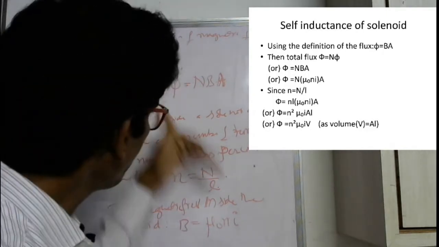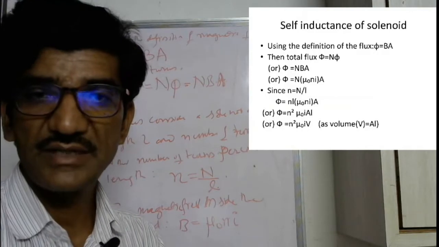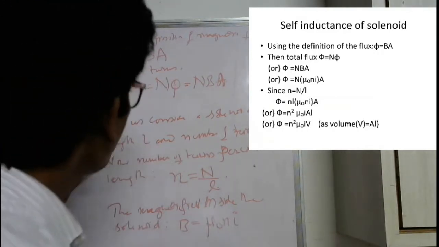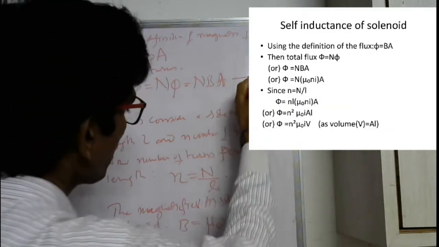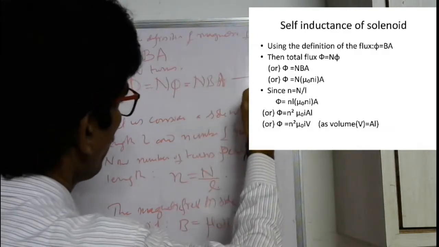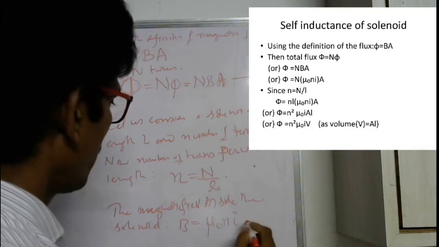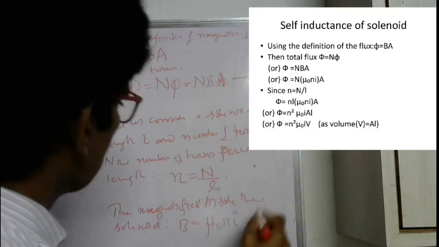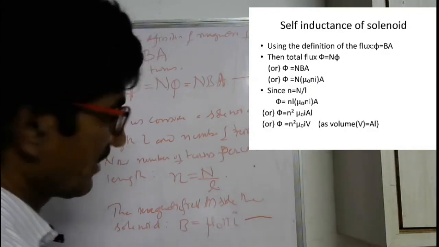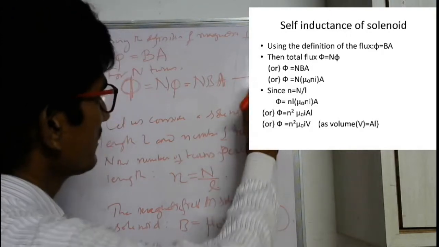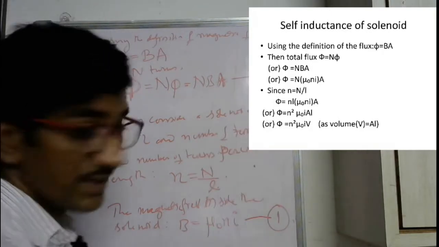These two things are interrelated. Say this is equation number 1. This is the earlier equation. Say this is 1, and say this is 2.